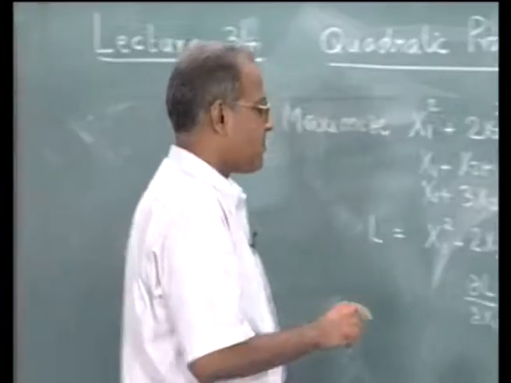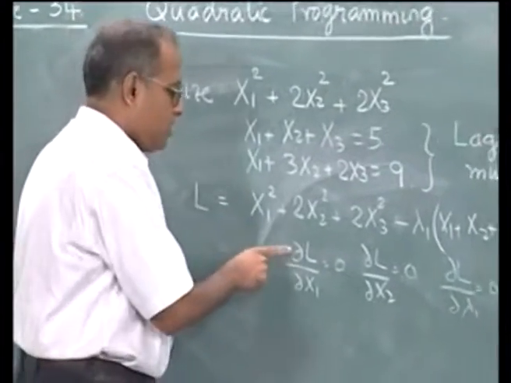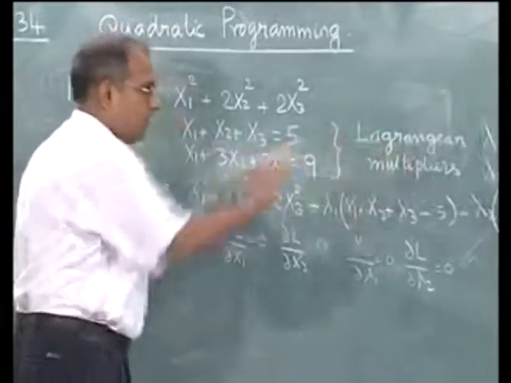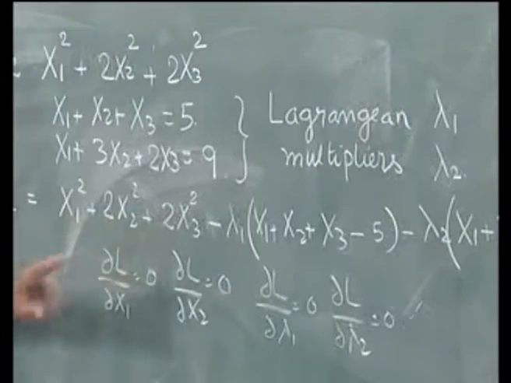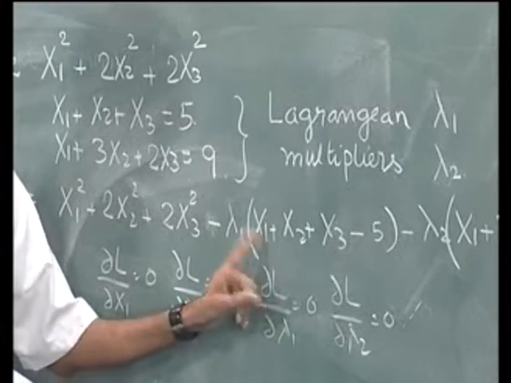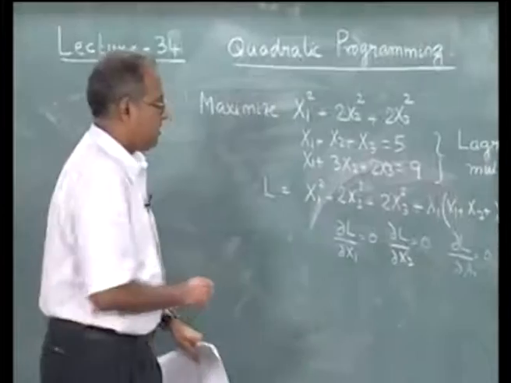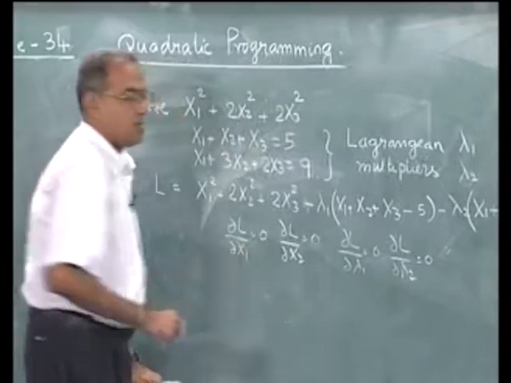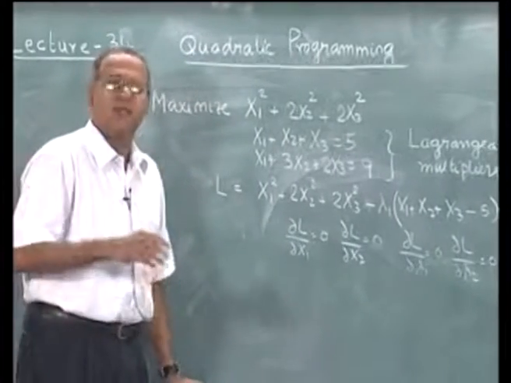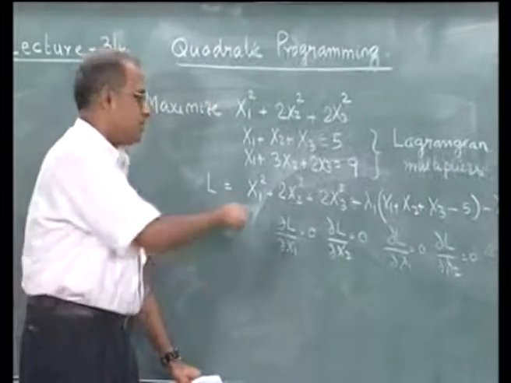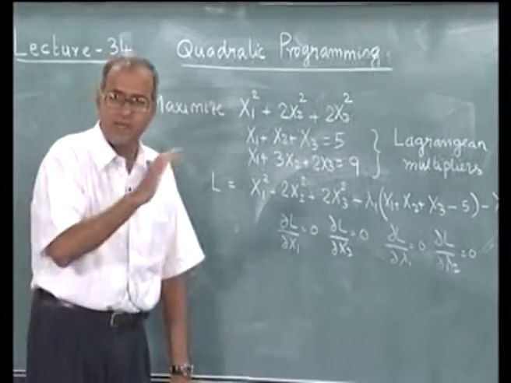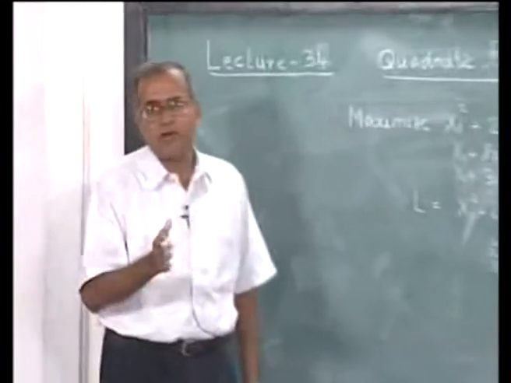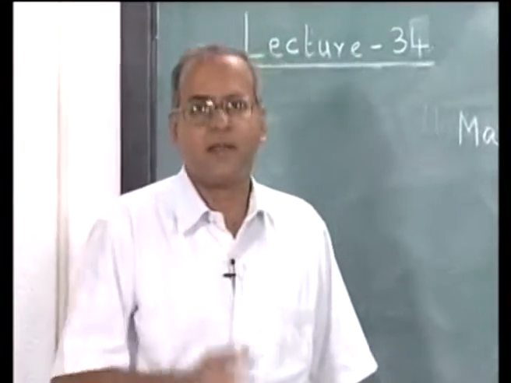In this case, the whole thing is now a second degree, a quadratic expression. There is a square, square, square, lambda 1 x1 is quadratic, and so on. So, the first derivative of all these would give us linear equations. Solving these linear equations would give us the corner point associated with the optimum. Then we need to go back and show that the corner point that we obtained is indeed a maximum.